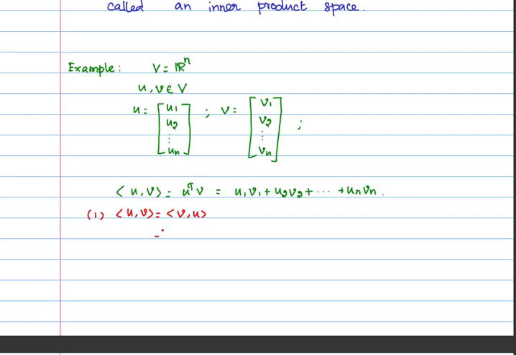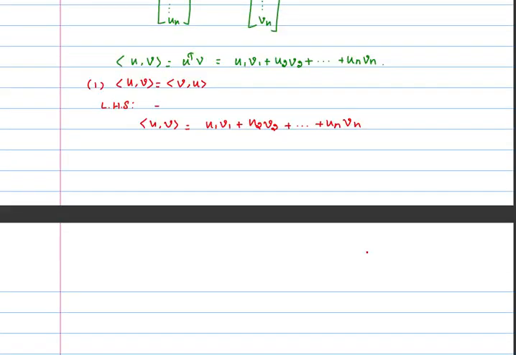We want to prove this condition. First I will take the left hand side: u comma v equals u1 v1 plus u2 v2 and so on, un vn. I know these are just scalars, so u1 v1 and v1 u1 are the same.